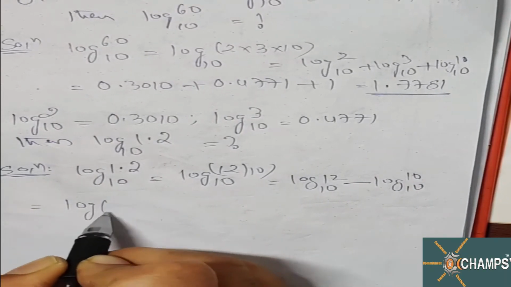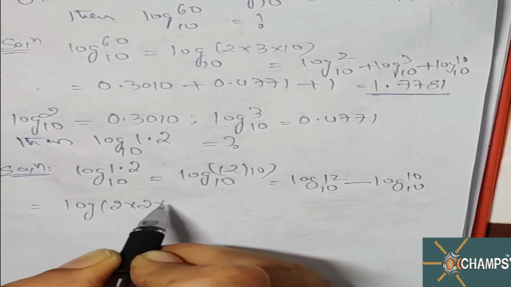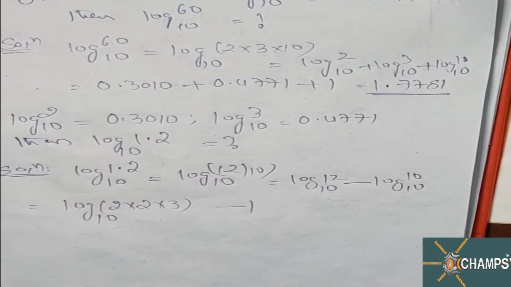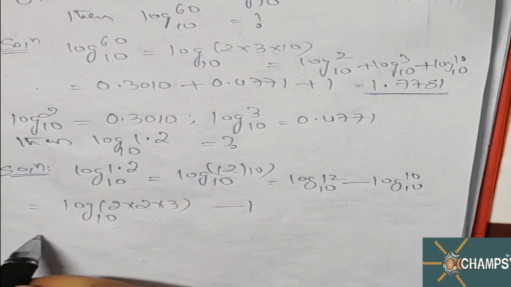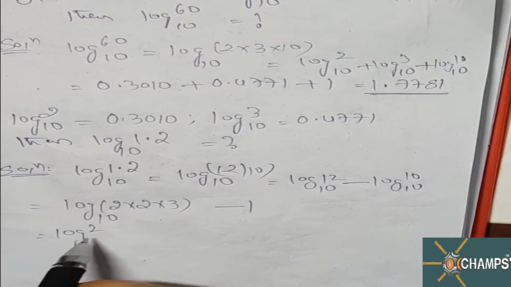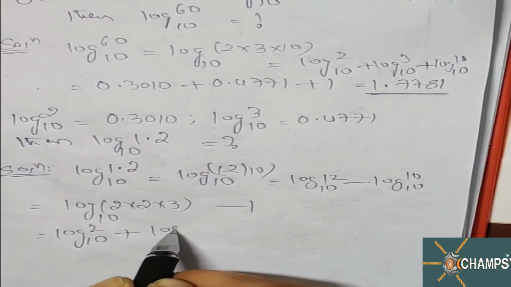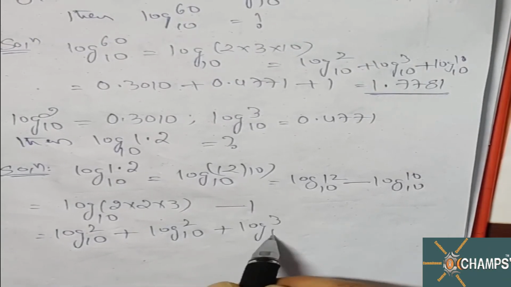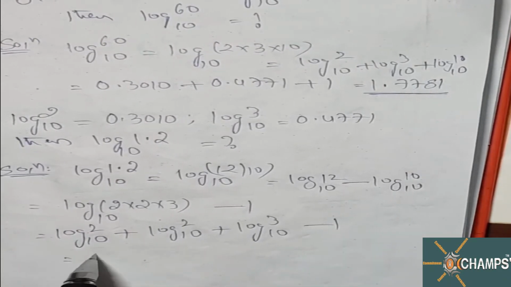This is log 2 into 2 into 3 to the base 10 minus 1. Log 10 to the base 10 is 1. So you can write it as log 2 to the base 10, log 2 to the base 10, log 3 to the base 10 minus 1.